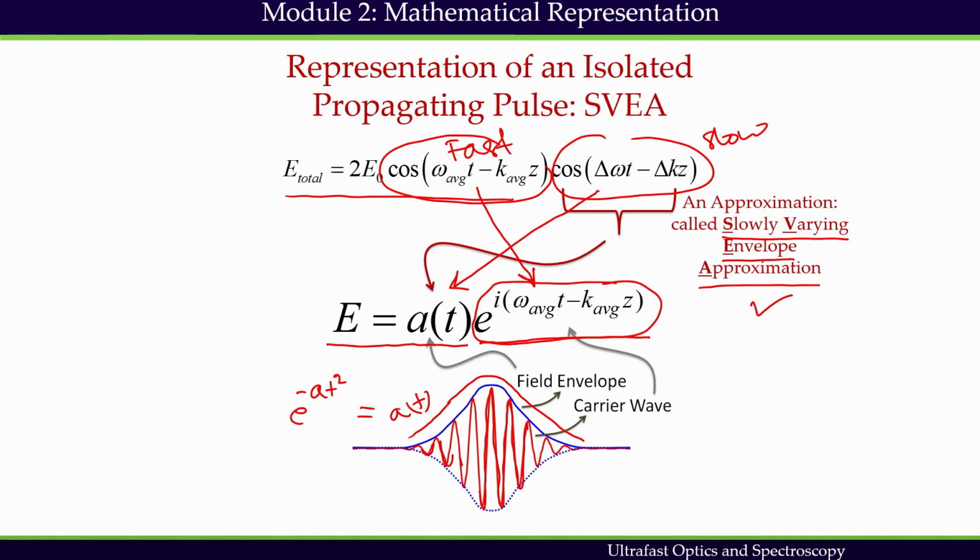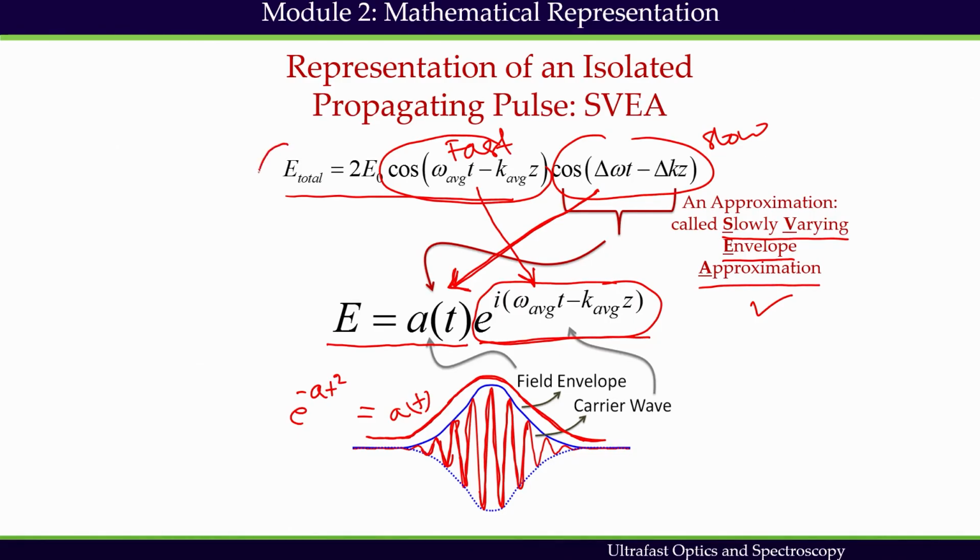So the whole idea is that if the characteristic time scale of this envelope function is much longer than the characteristic time scale of this oscillation, then we can use the slowly varying envelope approximation, and we can approximate this slowly varying component to an envelope function to get the isolated attosecond pulse, isolated ultrafast pulse.